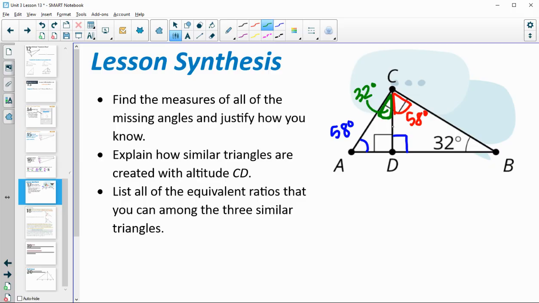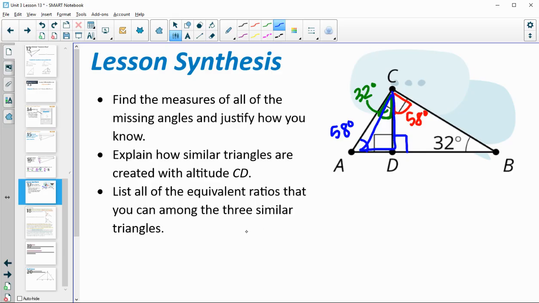So then we know that all three of these triangles are similar because they share the exact same angles. And so then by angle, they would be identical. Tons of equivalent ratios you could set up here because you've got all sorts of similar triangles here.